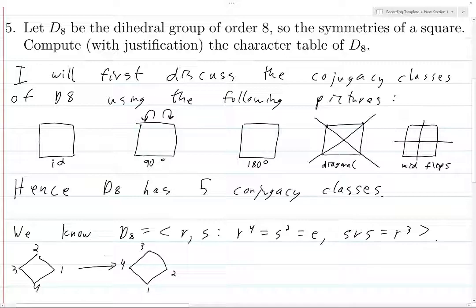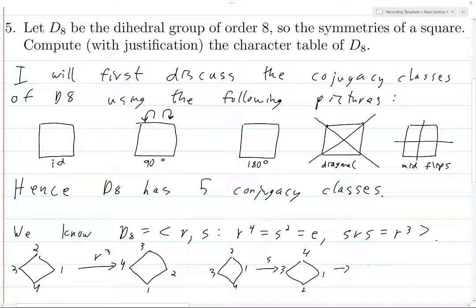So this is R3, and then if we had 1, 2, 3, 4, then we rotated it. No, if we flipped it, then we'd have 1, 3, 4, 2, and then we rotate.